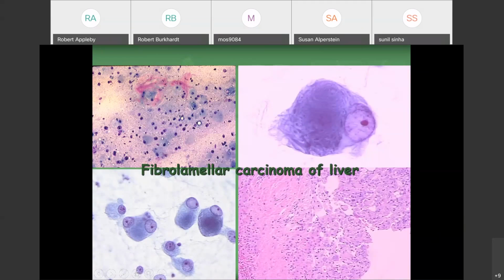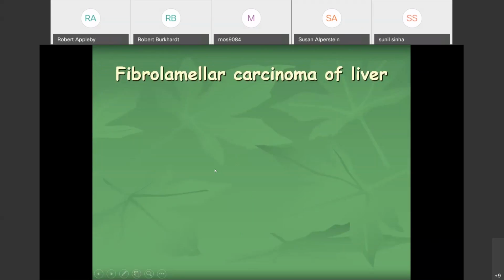It's cell block, fibrolamellar carcinoma of liver. All this is morphology. And CT scan shows liver with central scar.